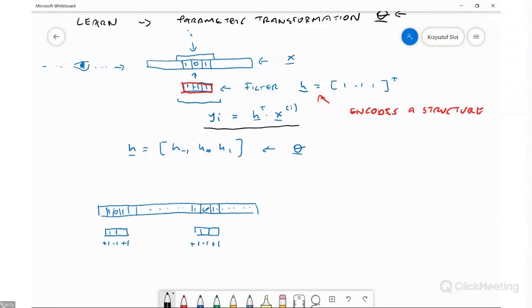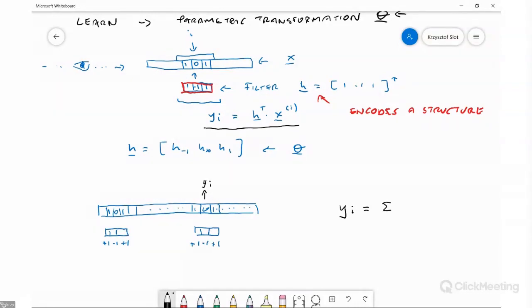Now, if I would like to apply the same filter to this whole row of inputs, then at the i-th output, this will be the result of the transformation, yi.